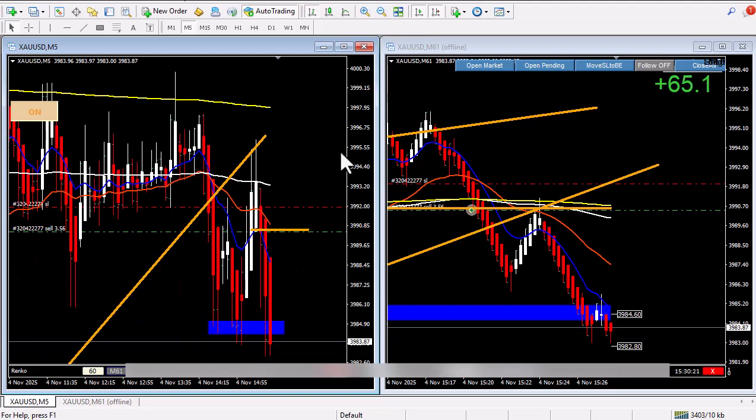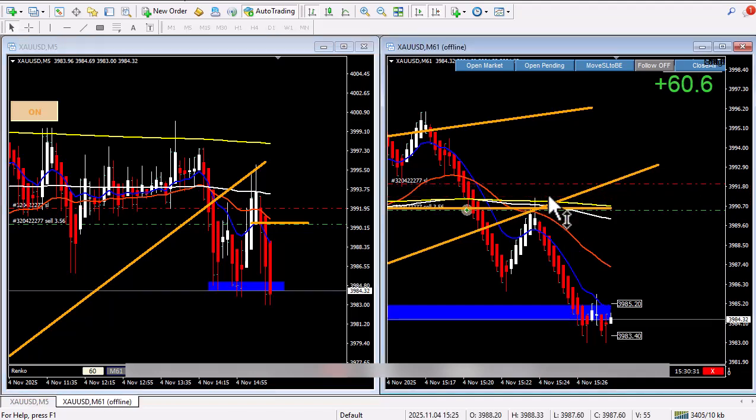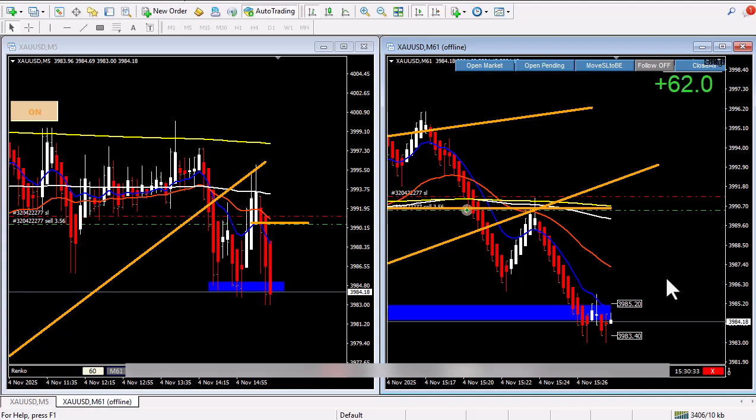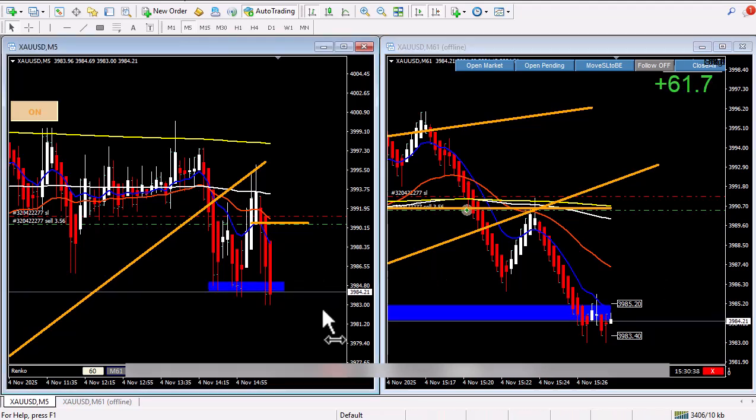Now we will move our stop loss a little bit close to the entry area, because we are safe, as we have already got the 60 brick frame 1 2 3. Let's wait and see how it goes.